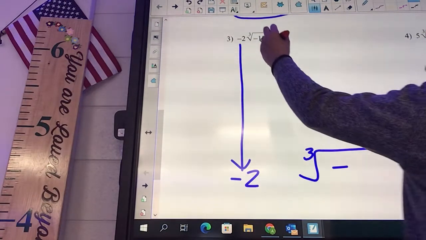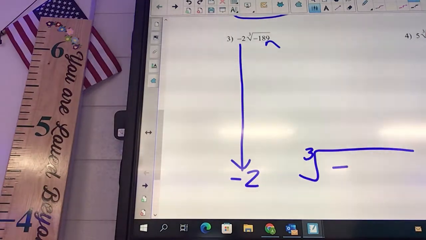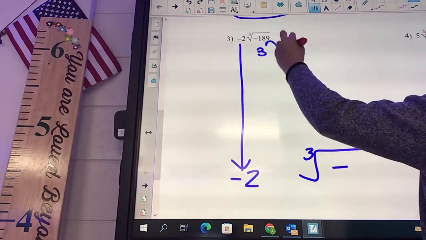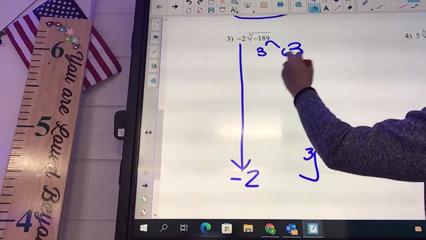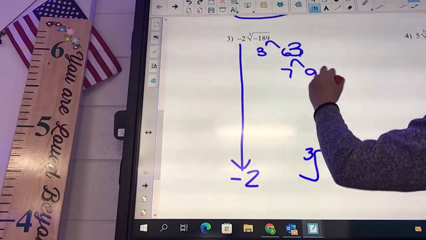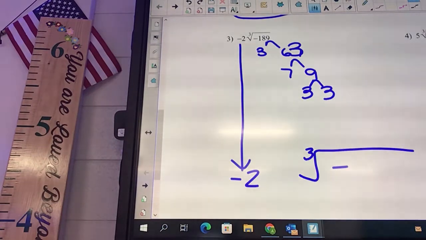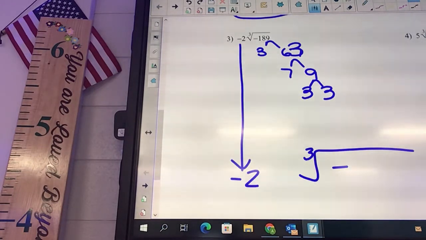So on your calculator, you're just going to say 189. What are some factors of 189? 3 and 63. Then we got 7 and 9, and 3 and 3. Oh, I stuck with 3.